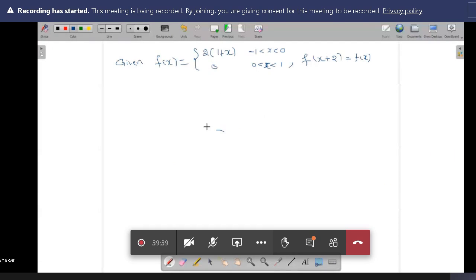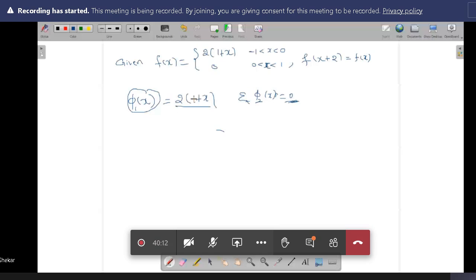If you see here, if I write phi1 of x as 2 times 1 plus x, and phi2 of x, the second function, is 0. Since phi2 is constant, whatever I replace with phi1, I won't get back to phi2, because phi1 is a function of x and phi2 is constant.